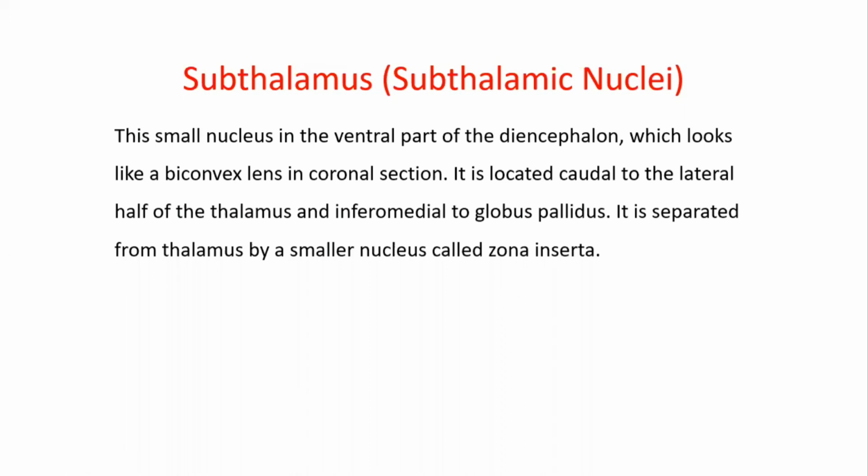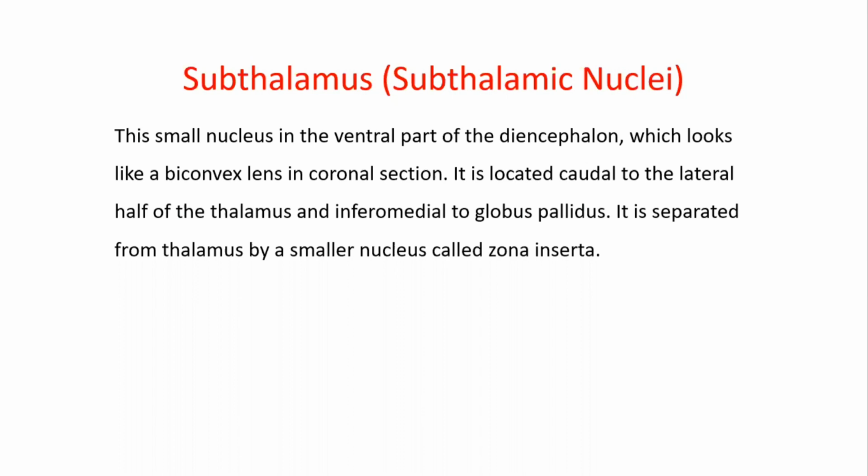The subthalamus has a small nucleus, the subthalamic nucleus, in the ventral part of the diencephalon, which looks like a biconvex lens in coronal section, as we have already seen. It is located caudal to the lateral half of the thalamus and inferomedial to the globus pallidus.